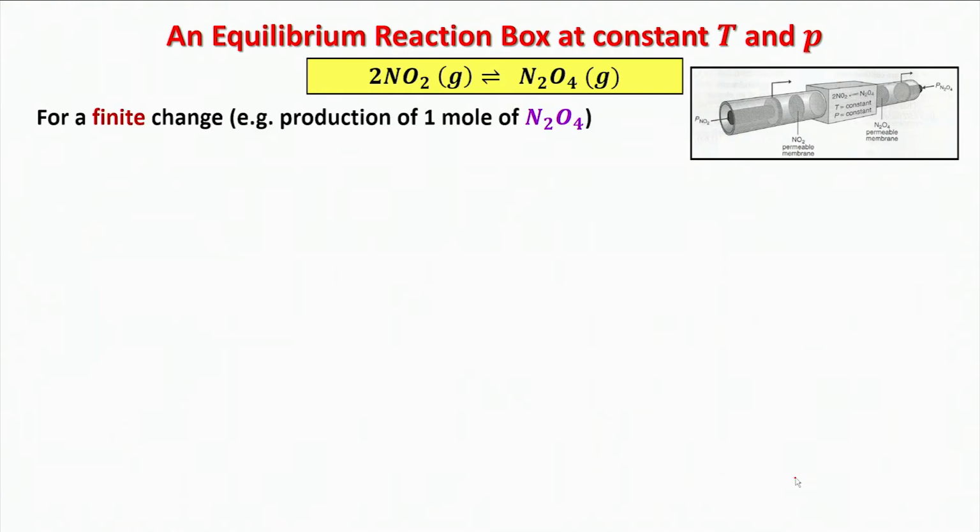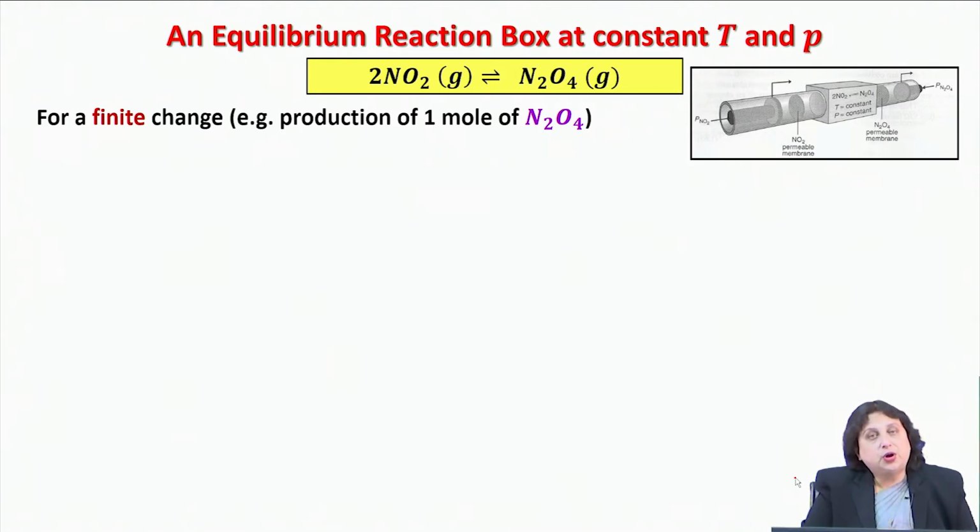Now, if I look at a finite change, for example, I'm talking about the production of 1 mole of N2O4, can I have the same kind of argument and find out what is going to be the condition of equilibrium?